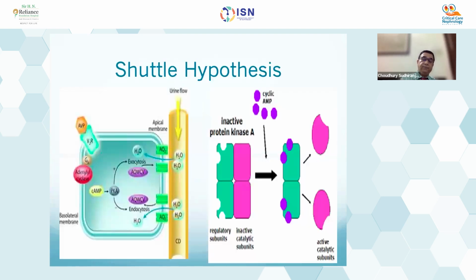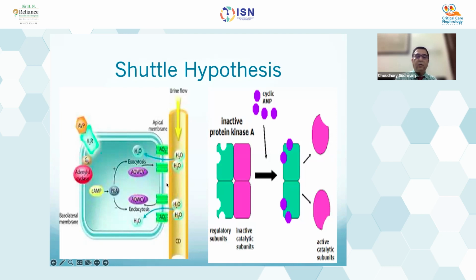So how does it happen? This happens through a mechanism called the subtle hypothesis. So what is the subtle hypothesis? It is basically a concept of water absorption by the collecting duct principal cells. Whenever there is ADH release, we have a specimen of the principal cells of the collecting duct here.